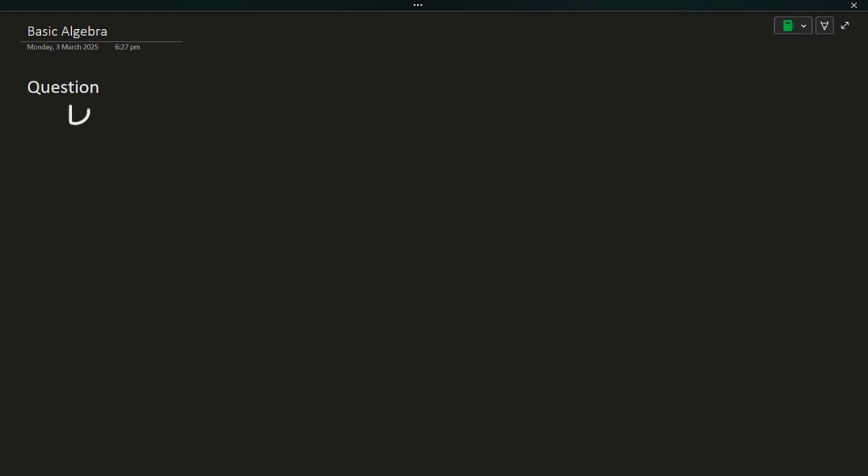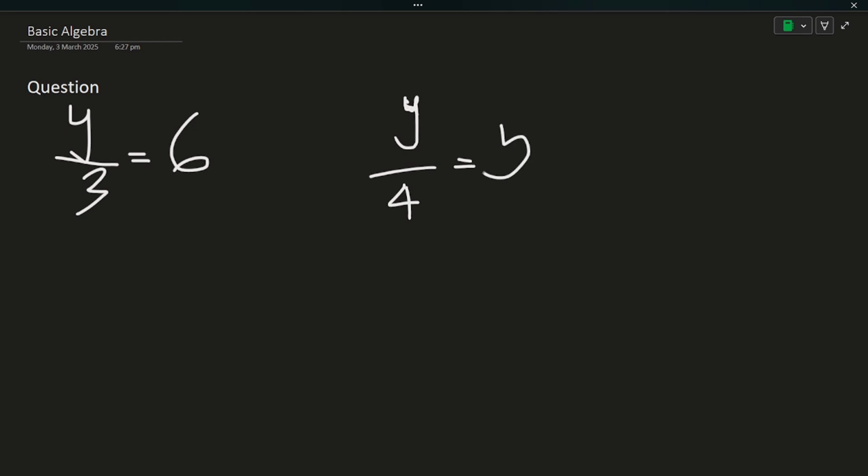Let's try the first one we did: y over 3 is equal to 6, right? Next one, y over 4 is equal to 5.